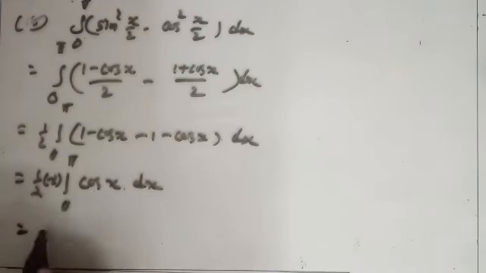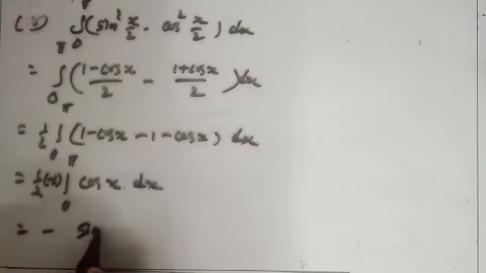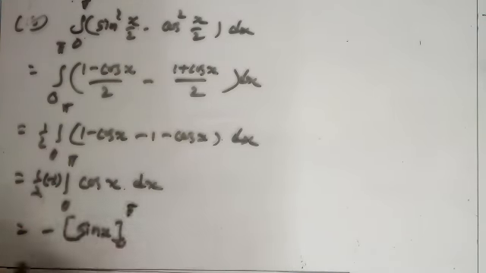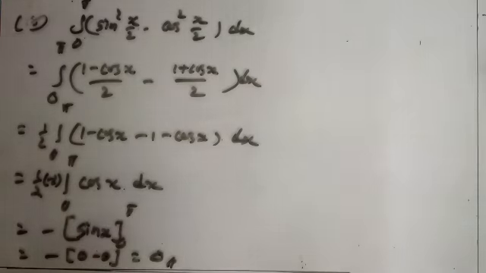So is equal to minus the integration of cos x, which is sin x, and apply limit 0 to π. So the answer is sin π equal to 0 and sin 0 equal to 0. So 0 minus 0 becomes 0. Clear? Answer.